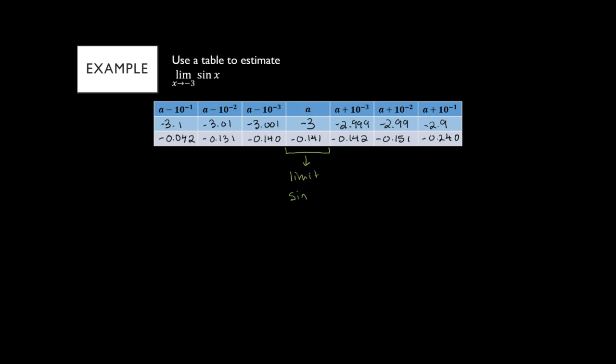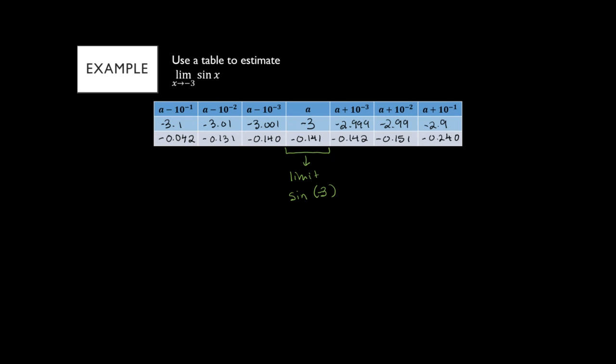And we can even say our limit is sine of -3 because, if we didn't want to give the rounded value, you can give the exact value. It's the sine of -3 because that's what we plugged into x. And you can see that that value is the average of the values on either side.